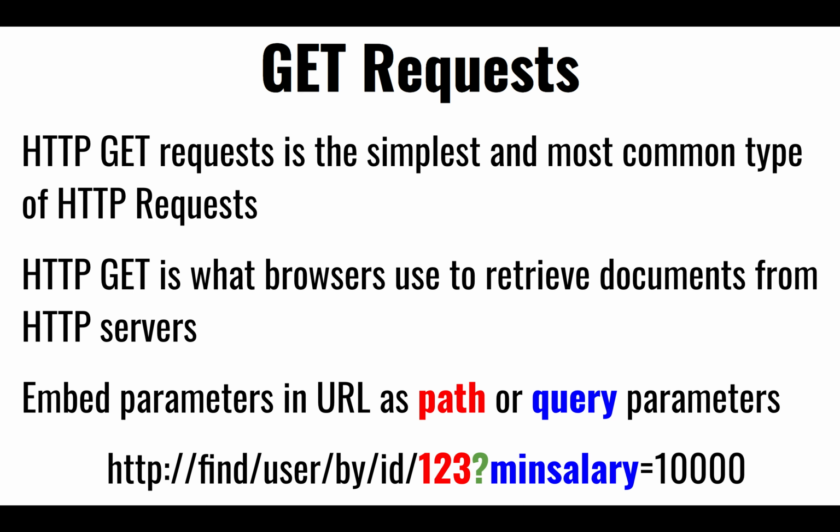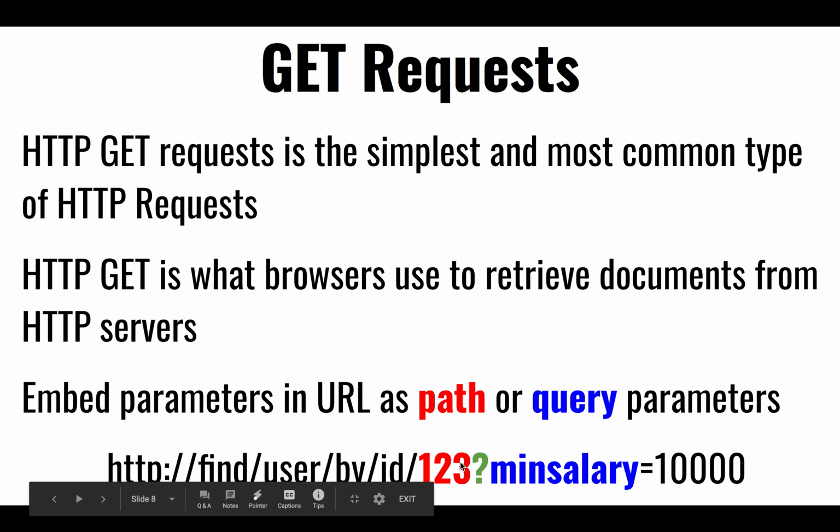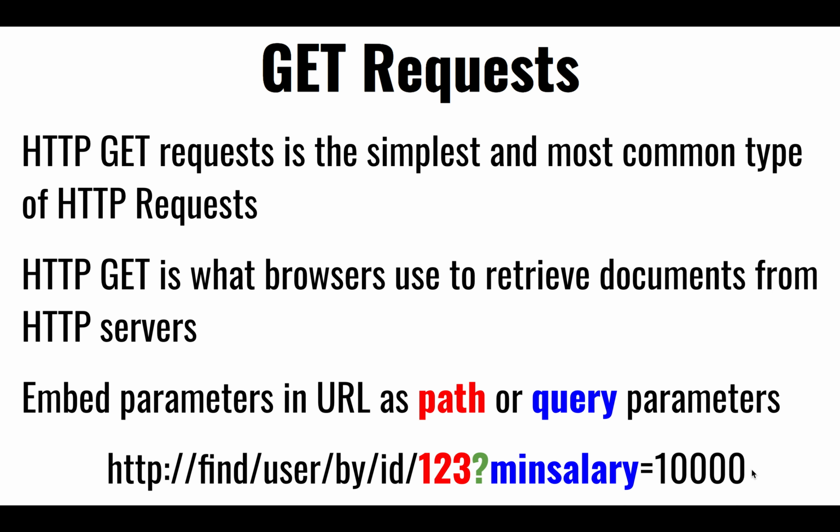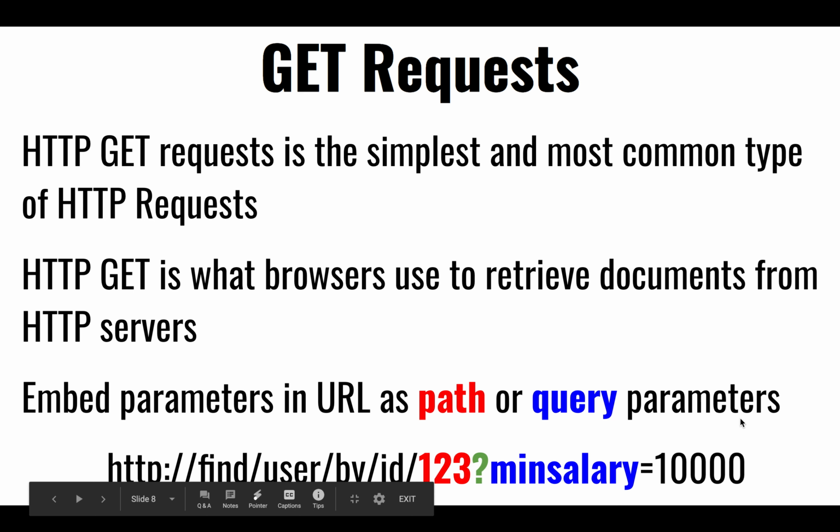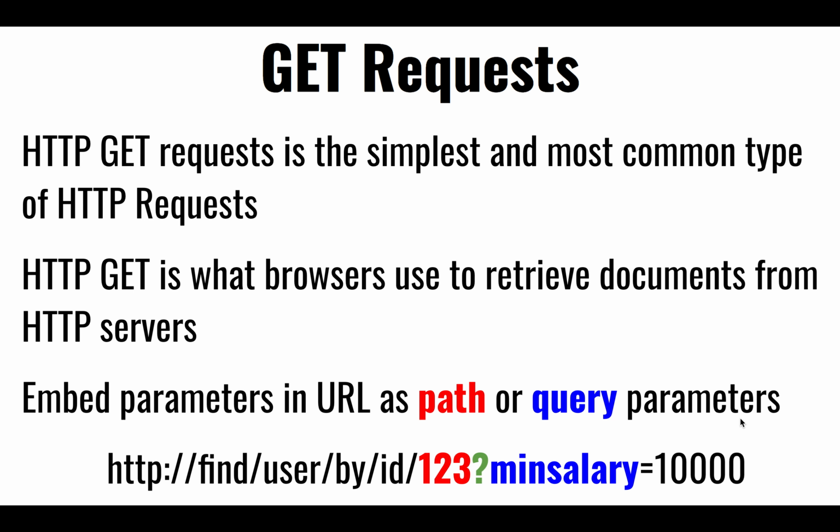So, for instance, we might say, give me a list of all the employees, but then I want to filter out the ones that are making at least $10,000. So we can specify the predicates on the right-hand side of the query string. Make sense?